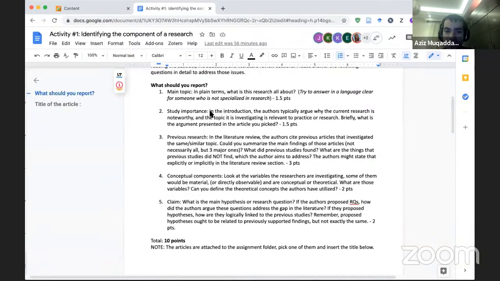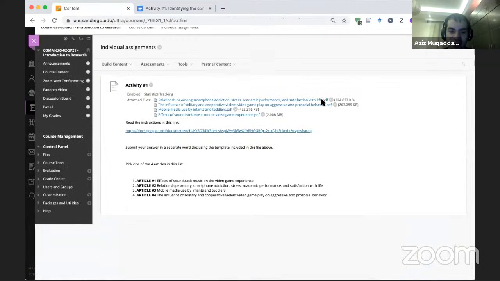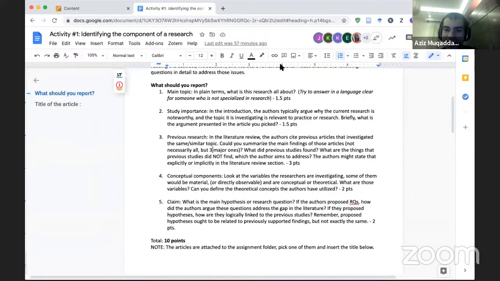Study importance, you get this from the introduction section. The authors would typically tell you why this topic is worth investigating, like what new trends happen in reality, or some new numbers about kids and smartphone use, or about cooperative video games and aggressive behavior. So why do we need to study cooperative video games?